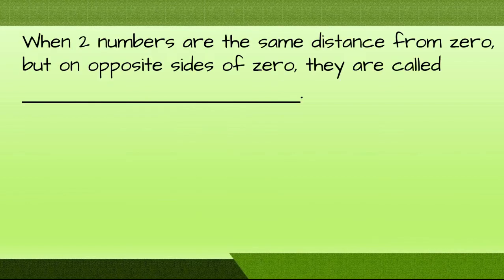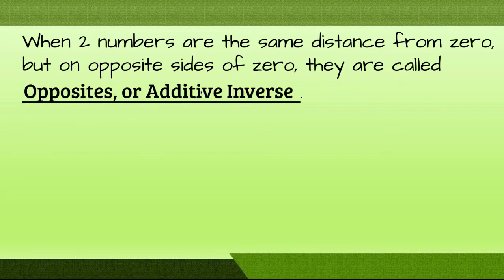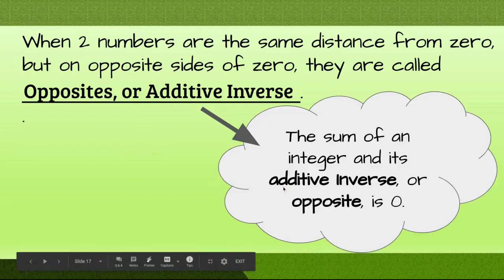These numbers have a special relationship. When two numbers are the same distance from 0 but on opposite sides of 0, they are called opposites or additive inverses. So imagine 0 being where you would fold the number line. Any positive will match up with the negative, and those are opposites or additive inverses of one another.